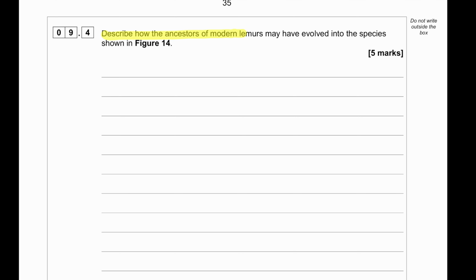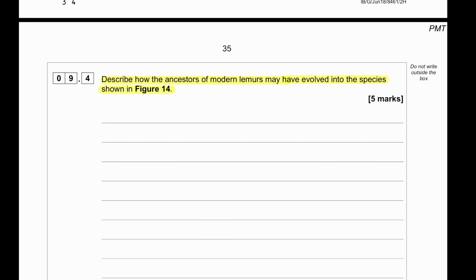Describe how the ancestors of modern lemurs may have evolved into the species shown in figure 14. Whenever we are talking about evolving into a species, we are talking about speciation. And since this is happening on an island, there must be geographical isolation. So the answer can be written in this way. Different populations become isolated from one another.